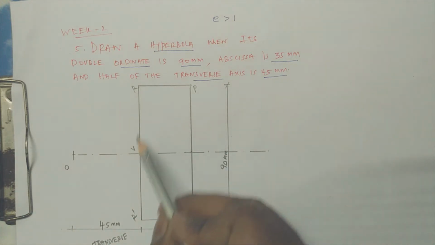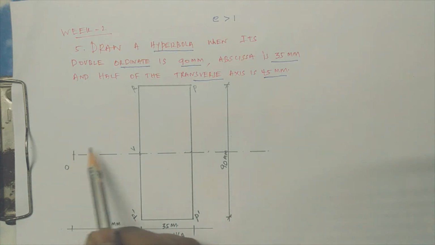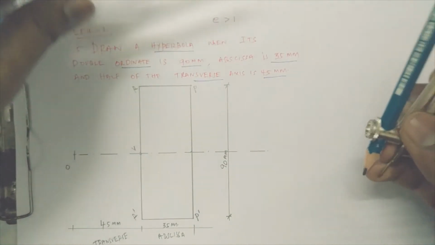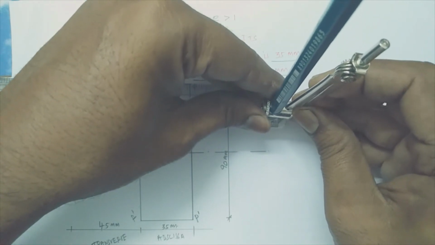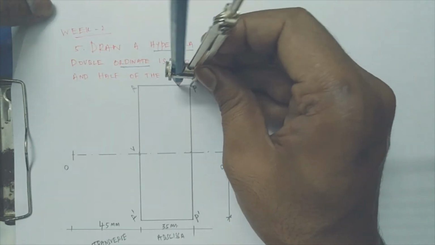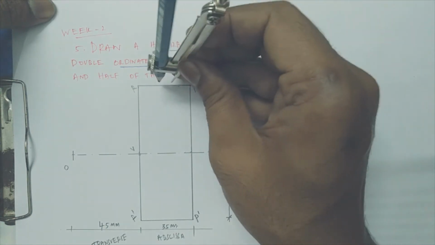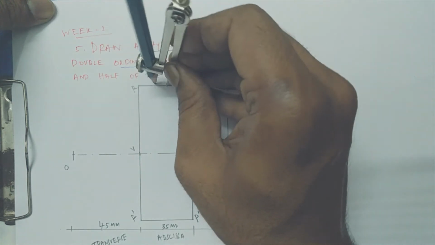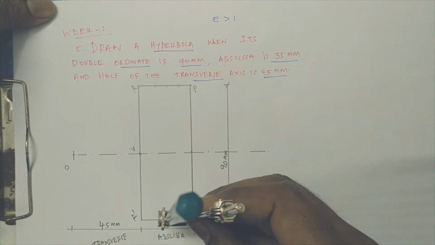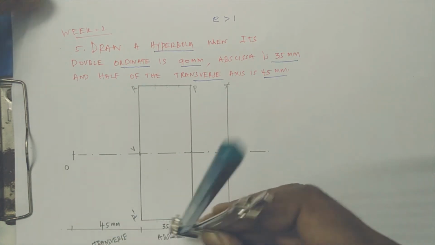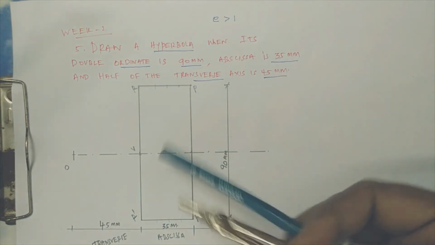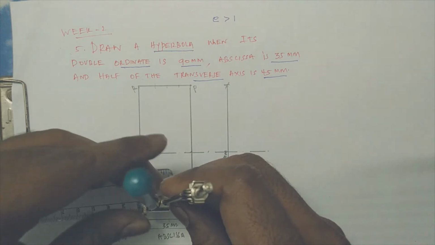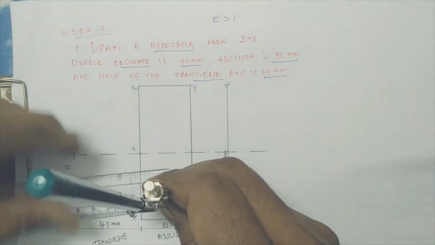From the transverse axis to the ordinate we connect, so divide into equal parts. 35 divided by 4, a 4 equal division, is almost 0.8. Similarly in this direction, the transverse axis is 45 mm, and divided by 4 it is about 1.15.